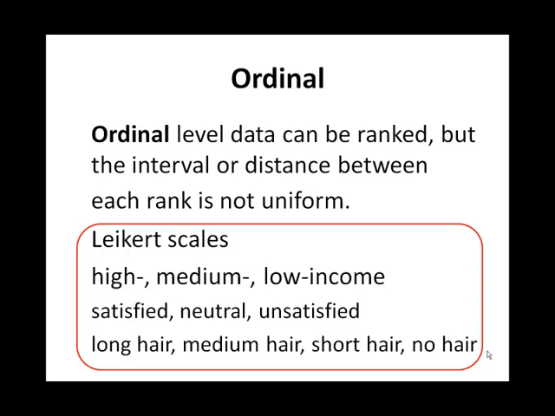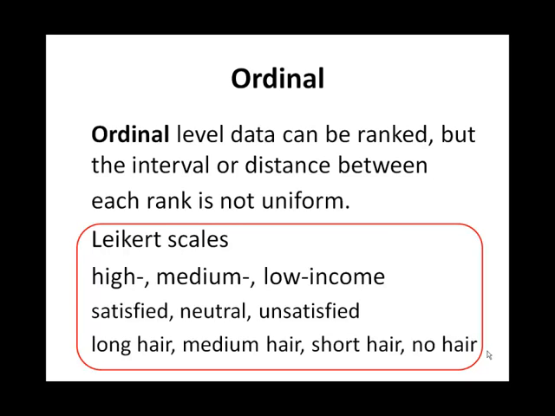What somebody calls short hair and what somebody else calls long hair could blur together. And that's one of the problems with ordinal data, that sometimes the data can be replaced by a superior kind of data. And that would be superior in the sense that the distances between each level, or the distances in the ranking, are uniform and can be measured.